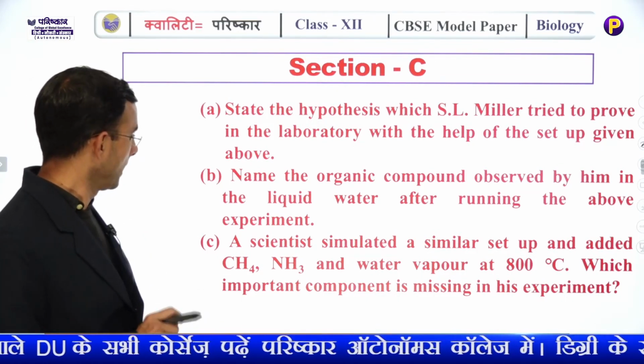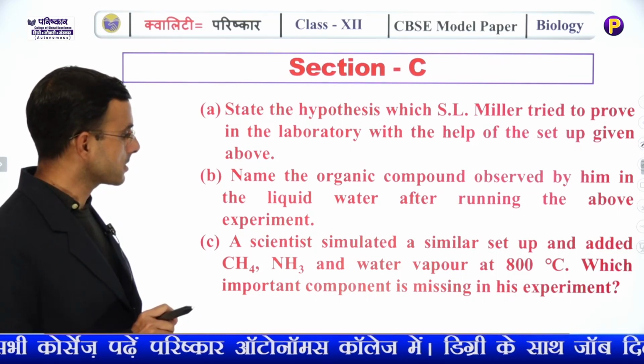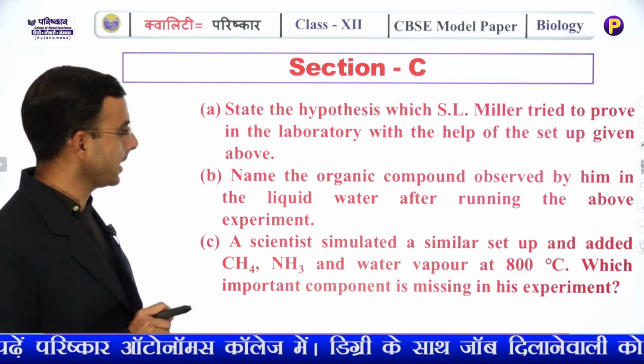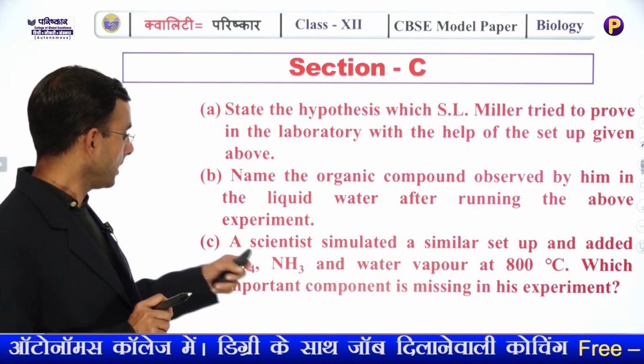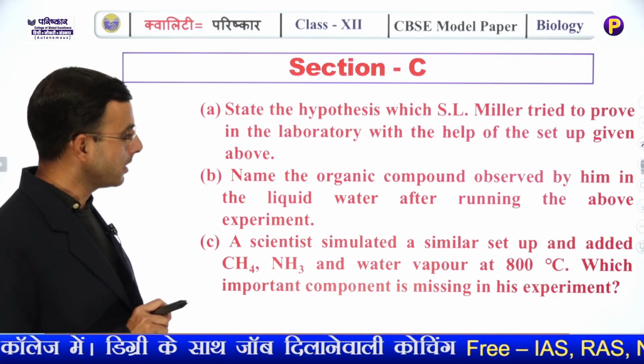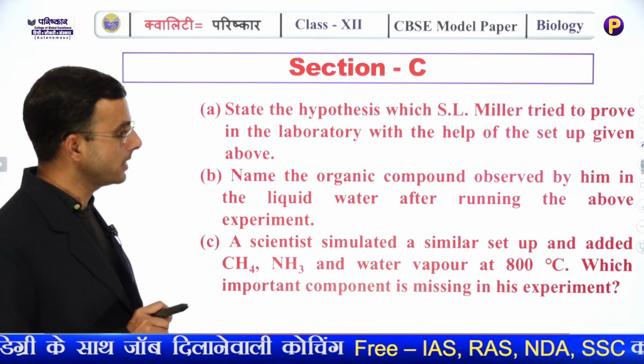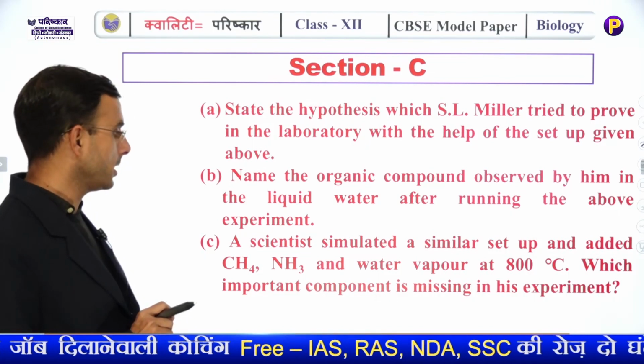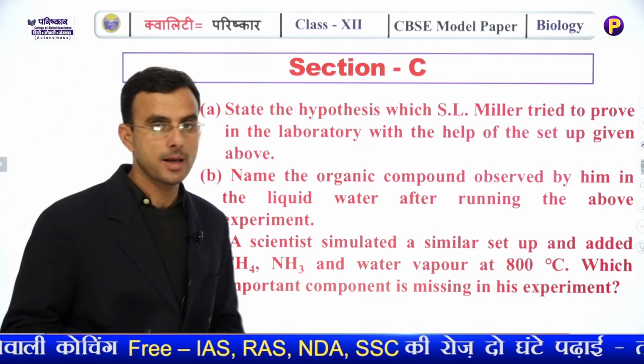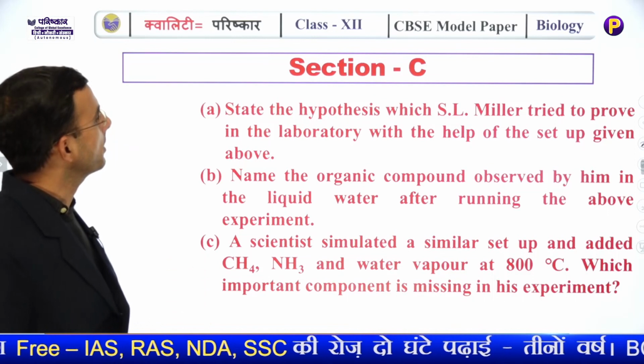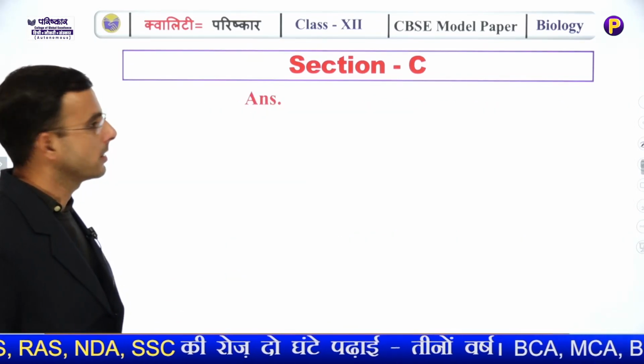Third one: a scientist simulated a similar setup and added methane, ammonia and water vapor at 800 degrees centigrade. Which important compound is missing in this experiment? A simple one. So you have to write this one.